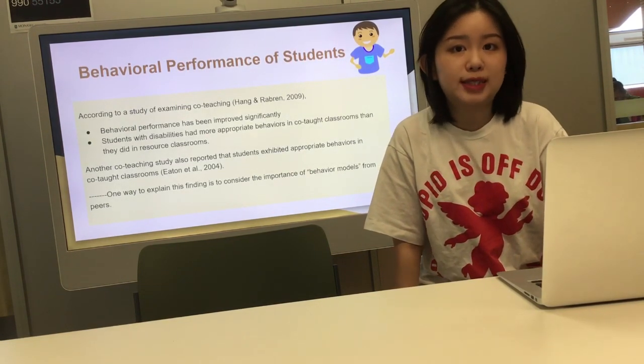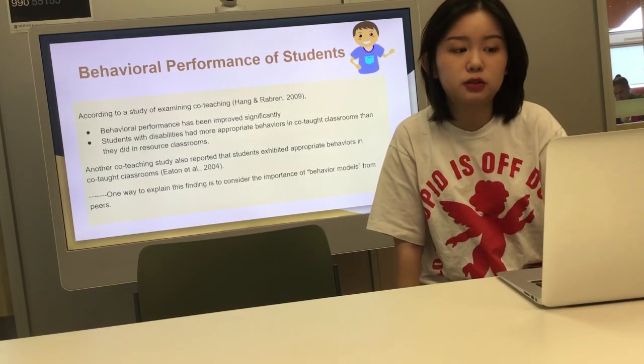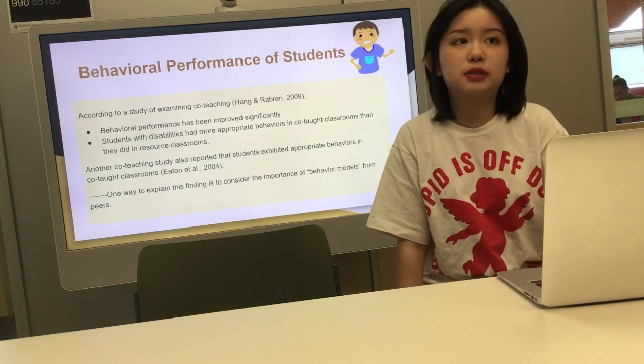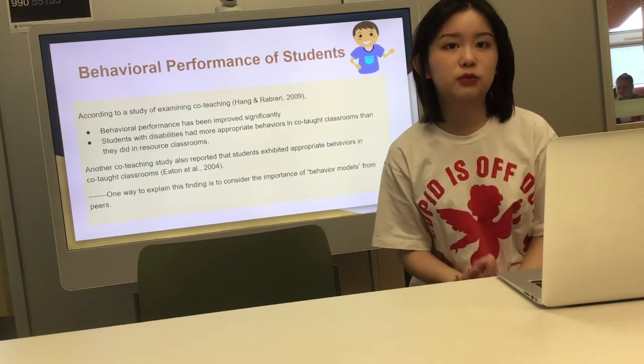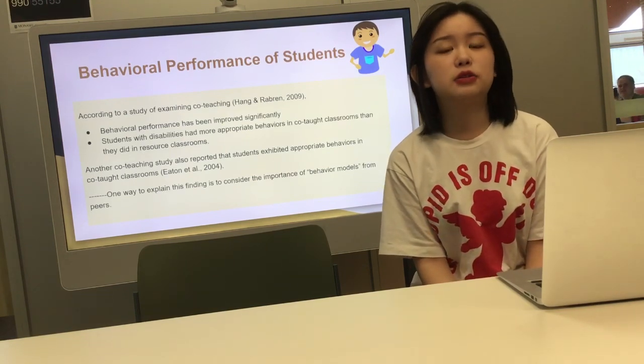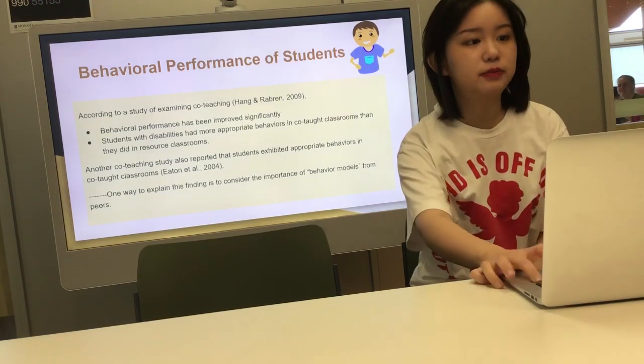One way to explain this is to consider the importance of behavioral models from peers. Because when you see that your classmates are really focused on the classroom and what teachers are teaching, other students will likely be just like their classmates too.